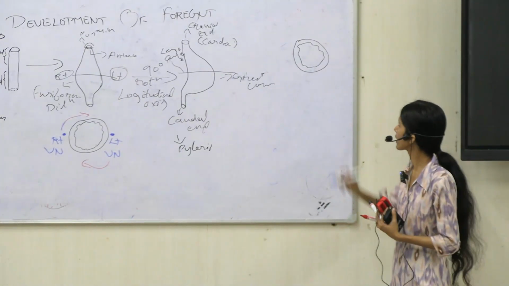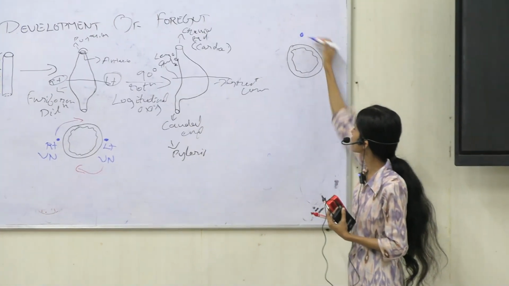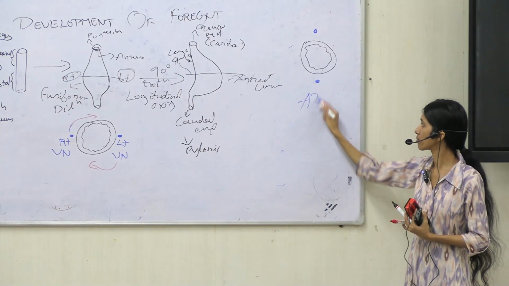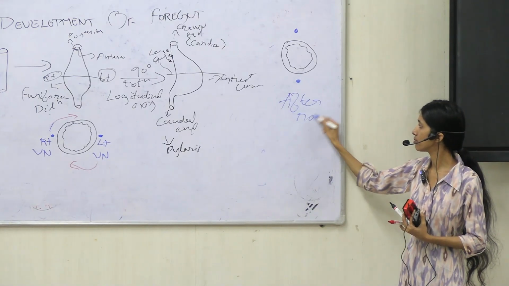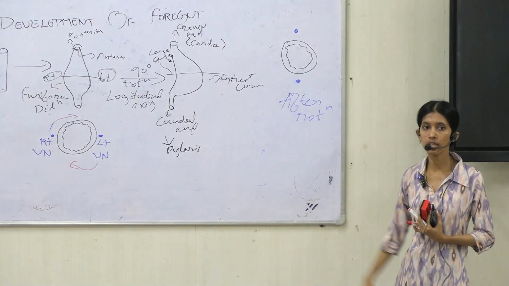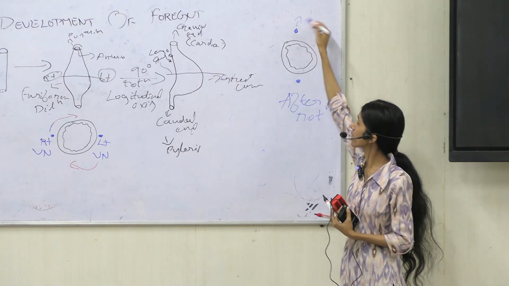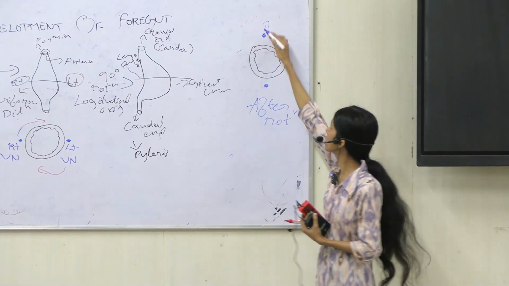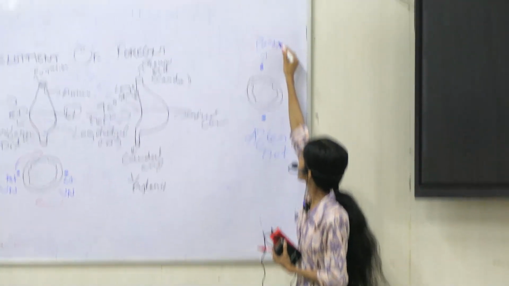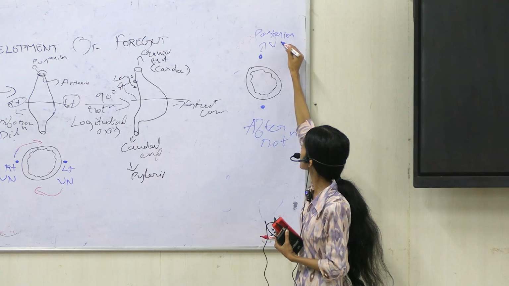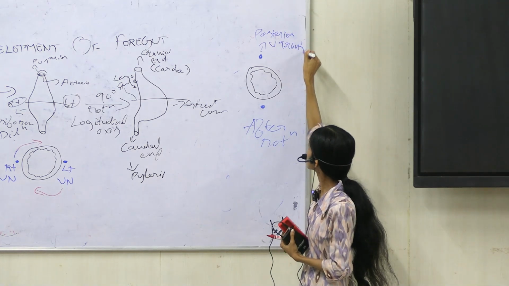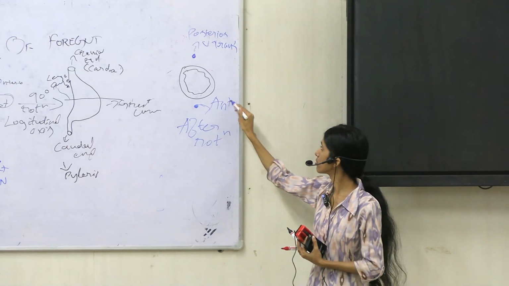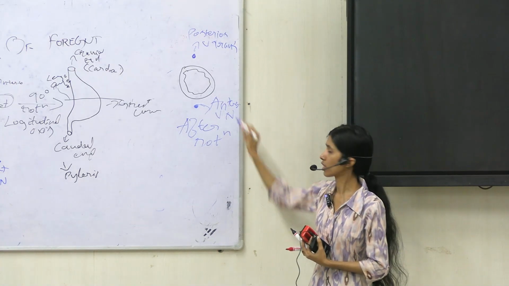Okay, so now I can see the right vagus nerve here and left vagus nerve here after the rotation. Now the right vagus nerve is named as posterior vagal trunk, and this one is called as anterior vagal trunk.